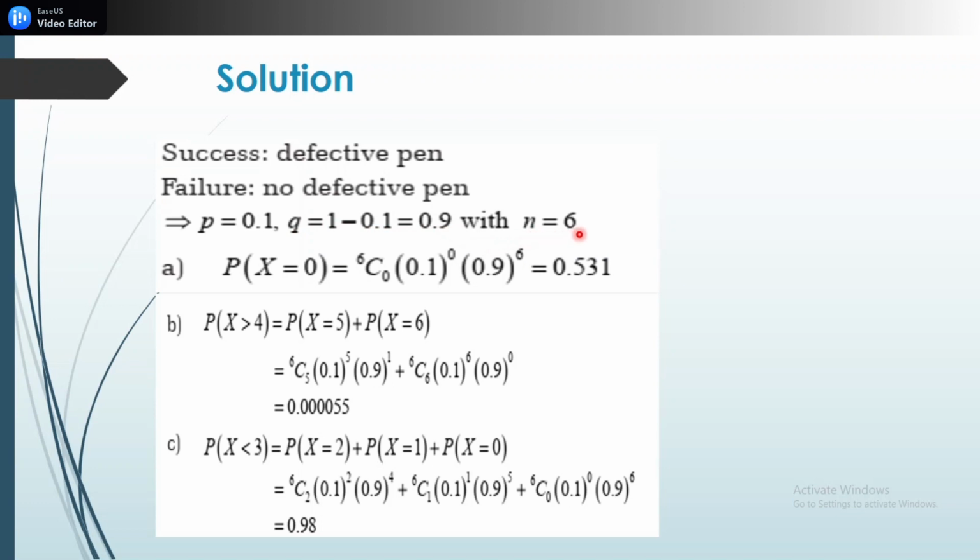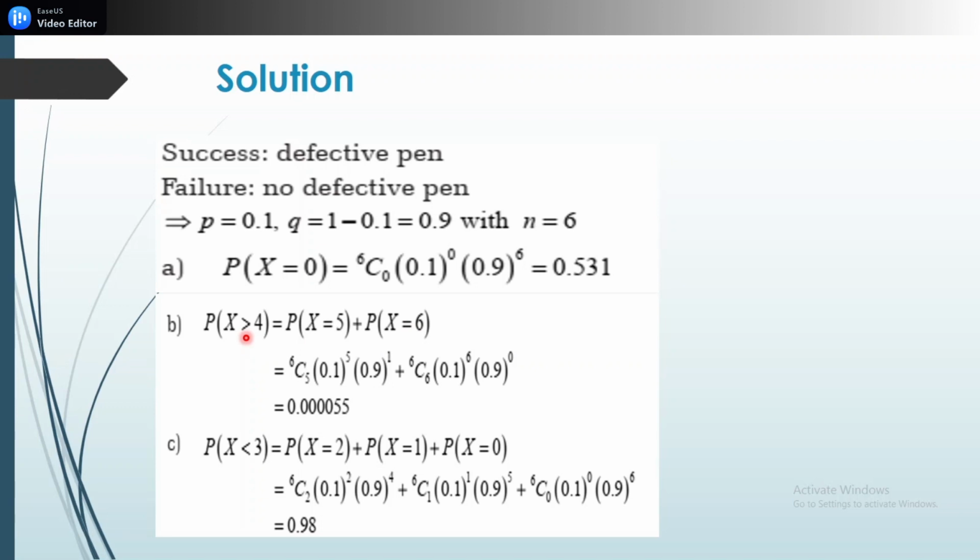With n equal to 6, the number of trials is 6. The probability of getting no defective pen is 6 choose 0 times 0.1 to the power 0 times 0.9 to the power 6, which is equal to 0.531.